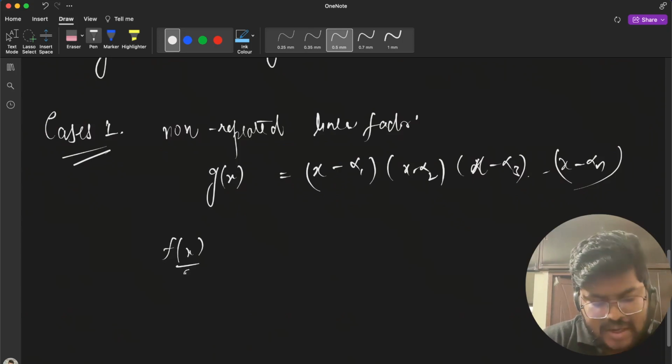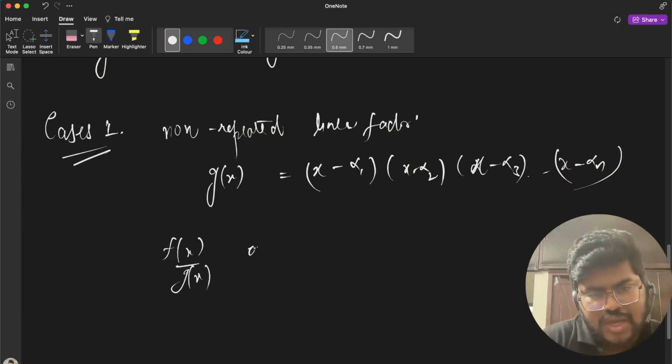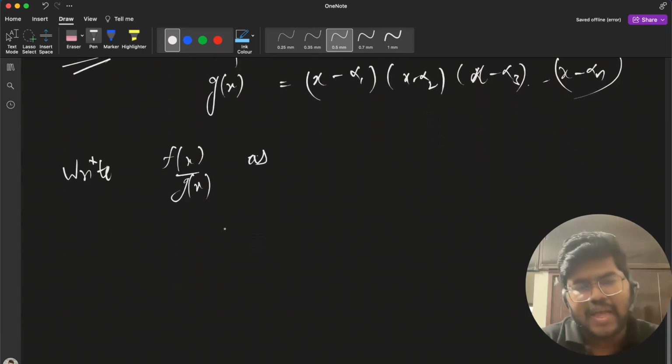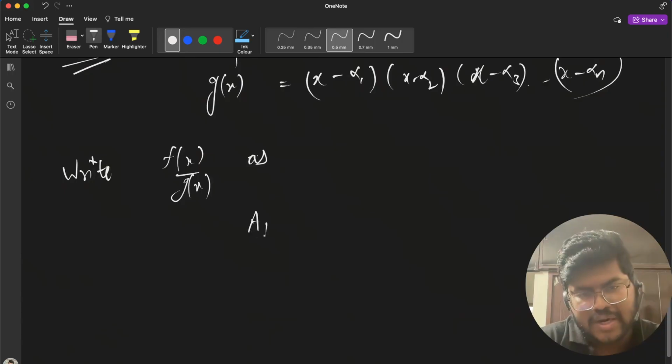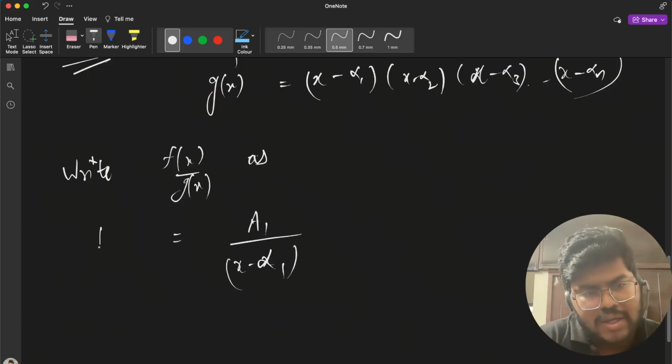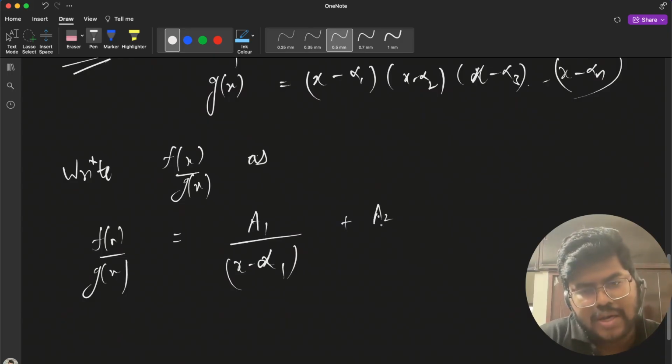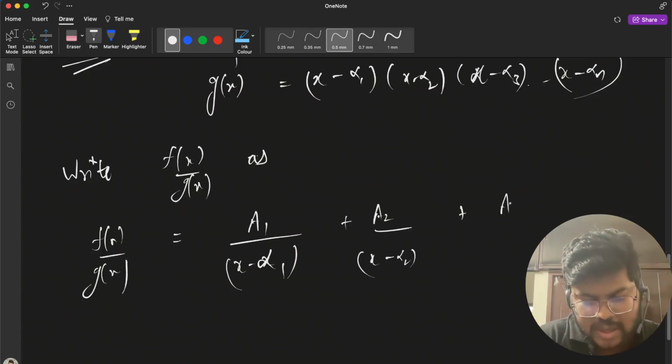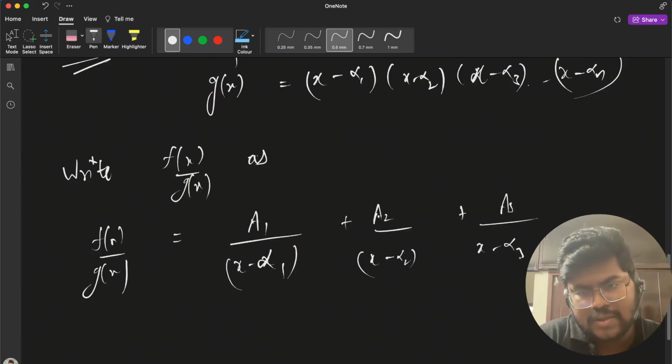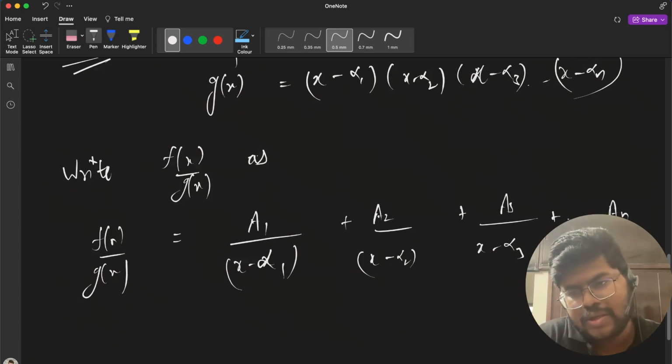in such a case we write f(x) upon g(x) as a1 upon (x minus alpha 1) plus a2 upon (x minus alpha 2) plus a3 upon (x minus alpha 3), and so on, an upon (x minus alpha n).